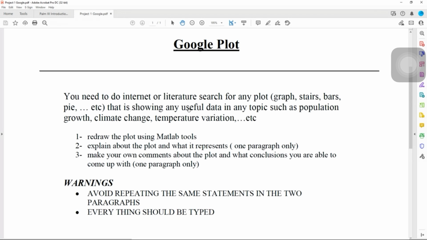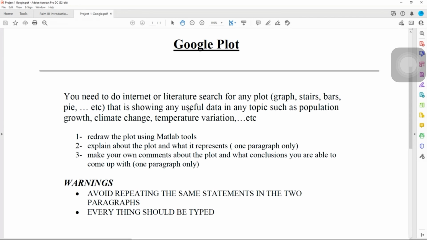If it's a simple curve, take as many points as you can and then introduce them as an array and then plot them. You may not have as many points as the original graph, but if you have enough points that you can take from the curve, that means for every x, a y, for every x, another y, then you can just say x equals between brackets, all the x's, then y equals between brackets, then plot x, y.